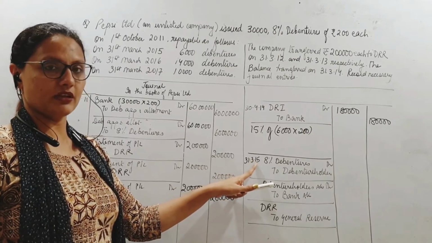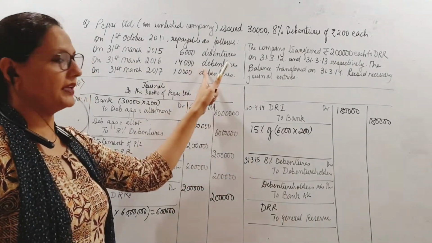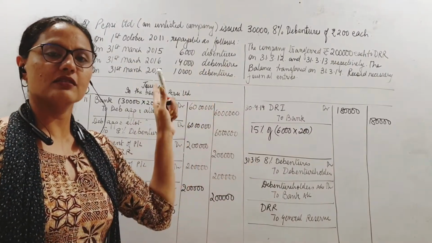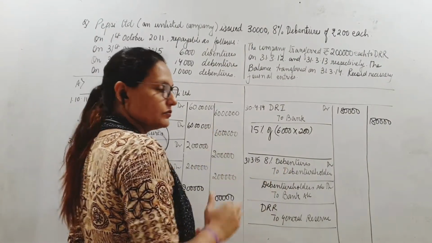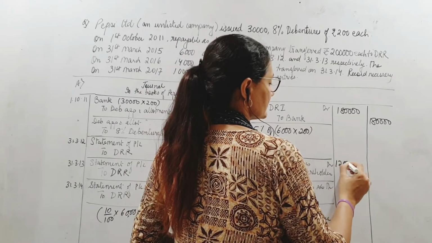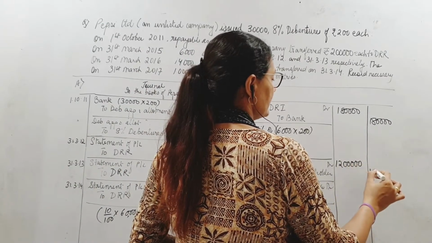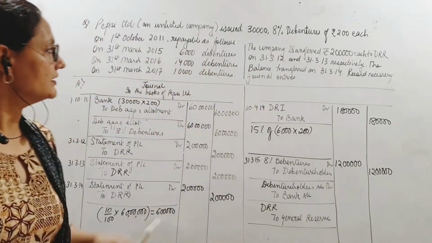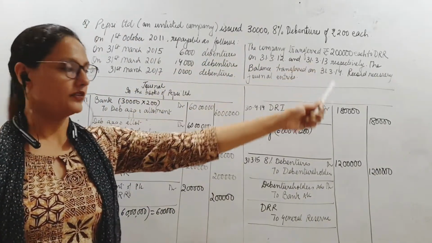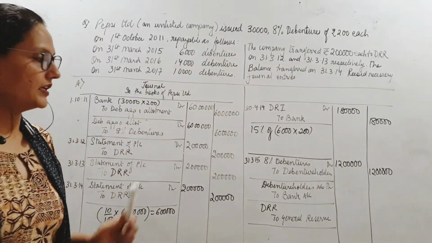31st March 2015 is the first date of redemption. 6,000 debentures of 200 each, right? So I will have to pay that amount. That comes to 12 lakhs. So 12 lakhs ka liability settle karna hai, right? 6,000 into 200. That's how I get 12 lakhs. This is payable.